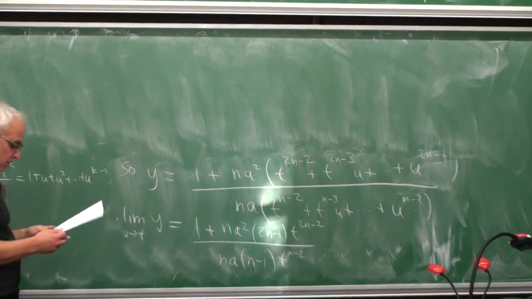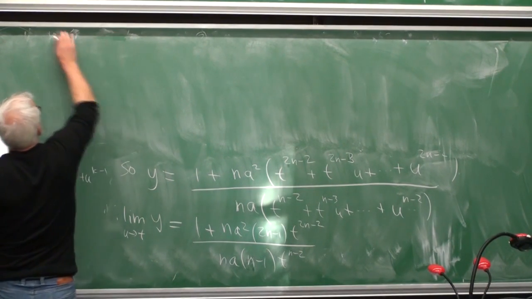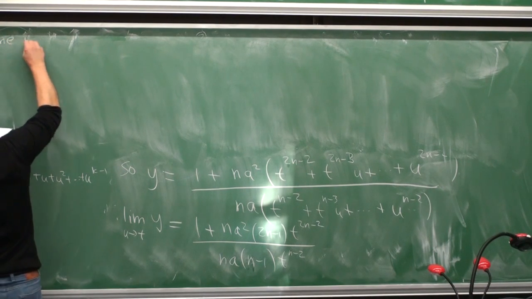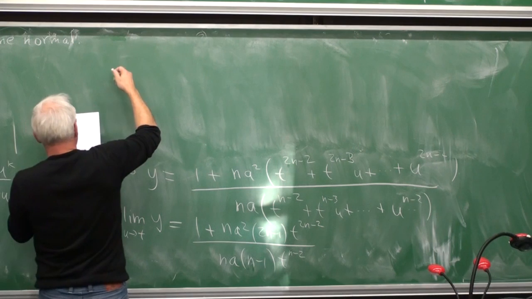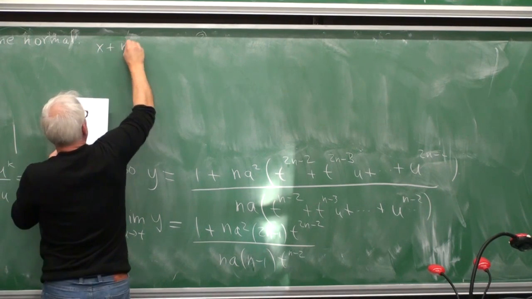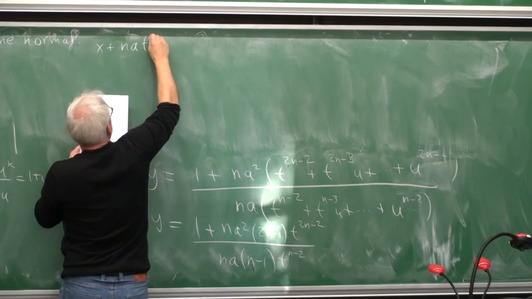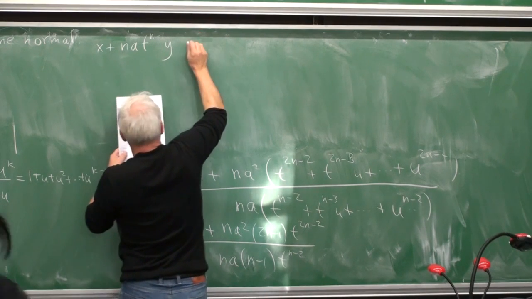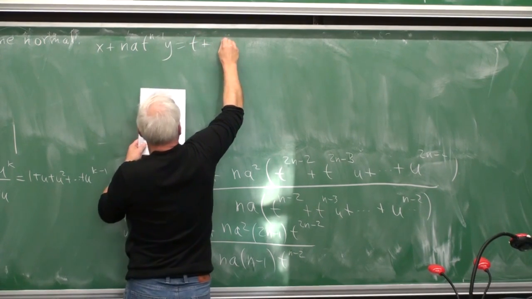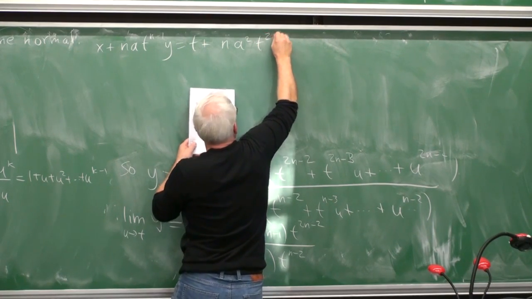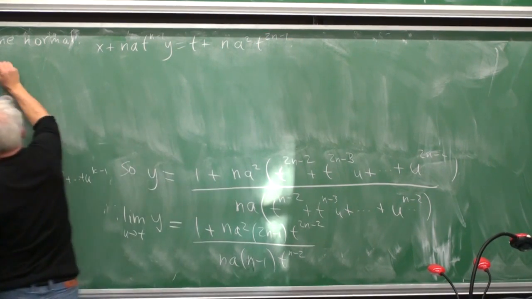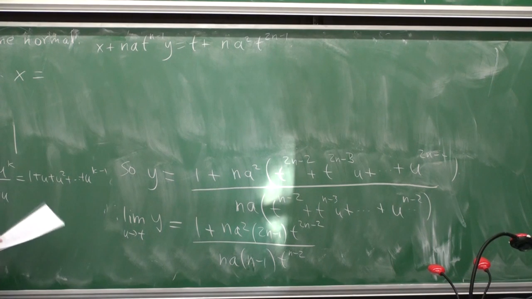What was the relation? So one of the normals, I guess the first one was x plus na t to the n minus 1 times y equals t plus na squared t to the 2n minus 1. So therefore, if we know y, we know x. We can solve for x.